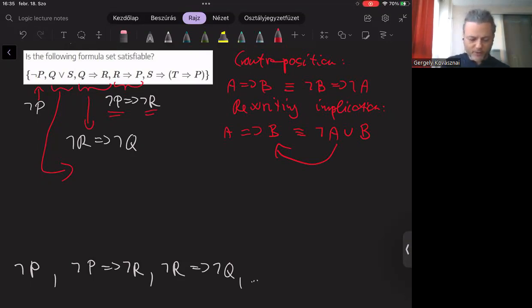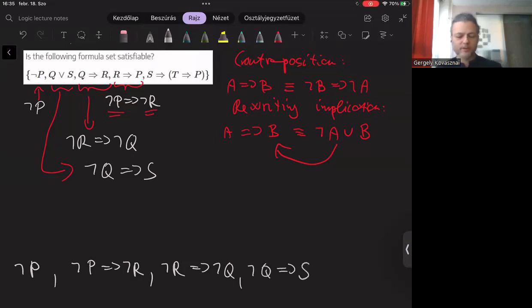Yeah, so long story short, this is what I get. Not Q implies, let me use white color just to be consistent, not Q implies S, right? So this is what I'm going to put here. Since I already know that Q must be false, S must be true.